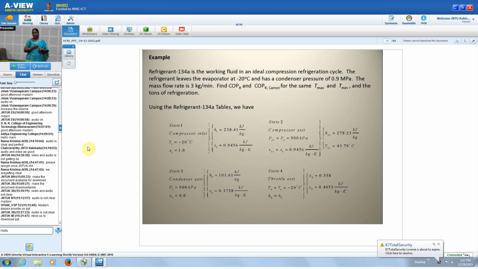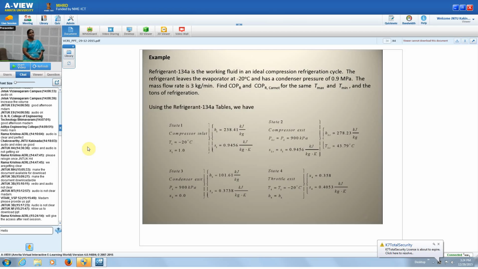At state 4, 3-4 is an isenthalpic process. So enthalpy at 4 is the same as enthalpy at 3, that is 101.61. So at the end of throttling or expansion, it is again 101.61 kilojoules per kg.